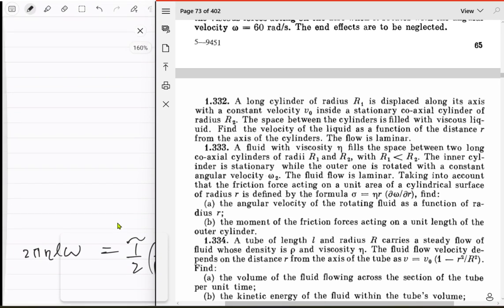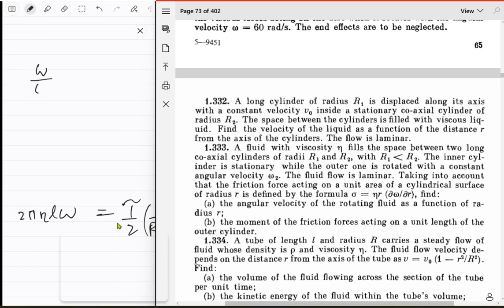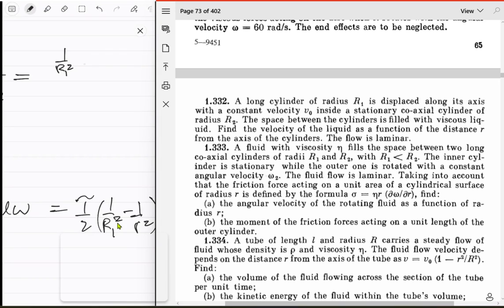Yeah. So then the equation that we have is omega upon omega 2, because first of all, we don't know what tau is, so that becomes a problematic thing. But anyway, omega upon omega 2 is equal to 1 upon R1 squared minus 1 upon R squared, upon 1 upon R1 squared minus 1 upon R2 squared.